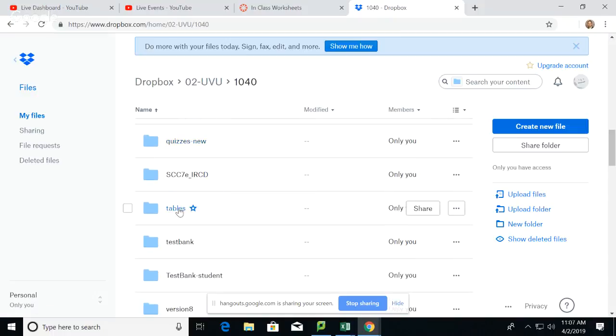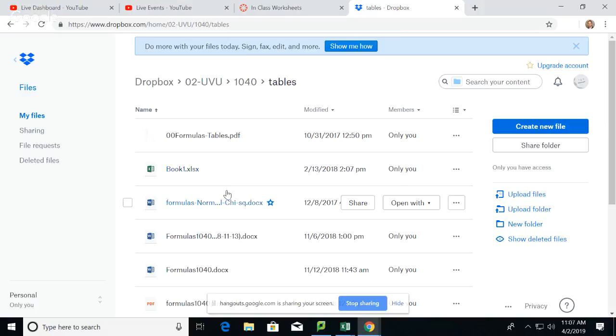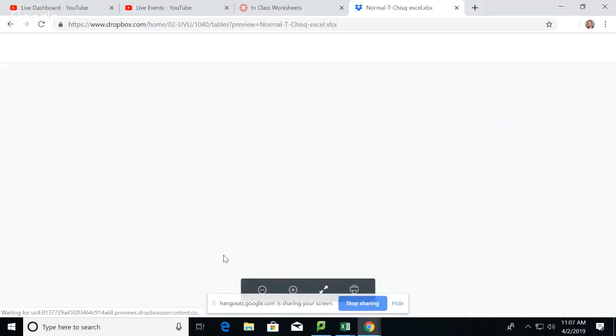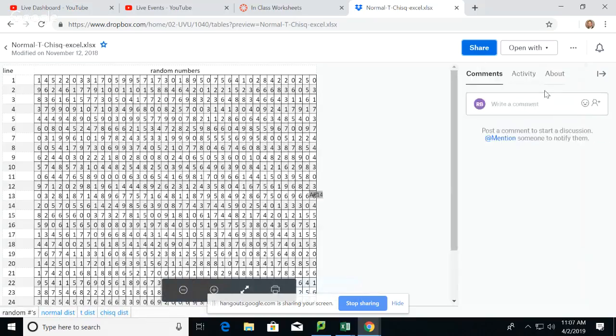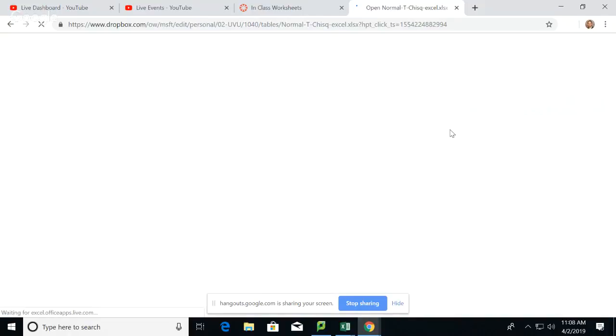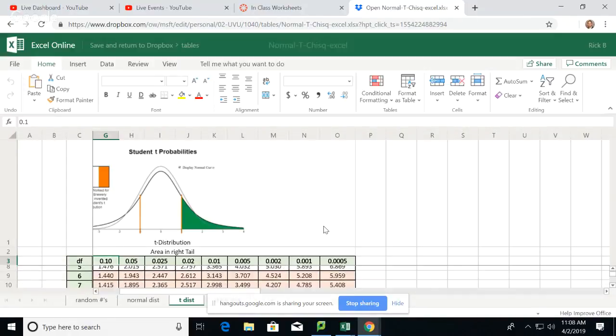They can do it. Okay, so here's my t-table, right?